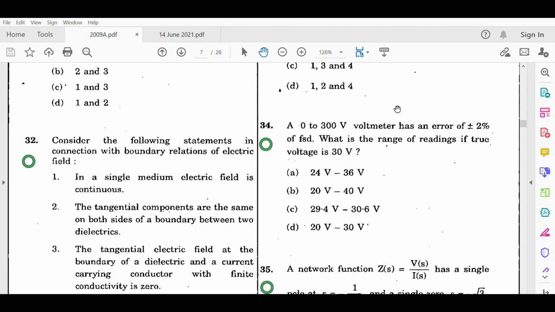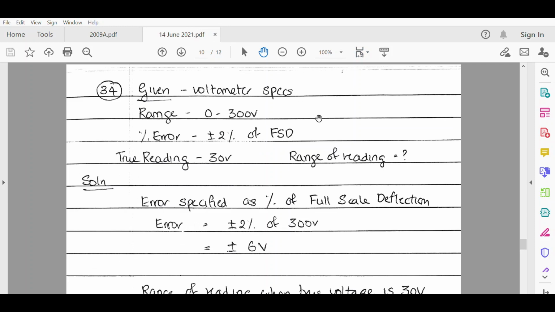Now let us see the 34th question. A 0 to 300 volt voltmeter has an error of plus or minus 2% of the full scale deflection. What is the range of readings if the true voltage is 30 volts? To solve this, first we write the given voltmeter specifications.